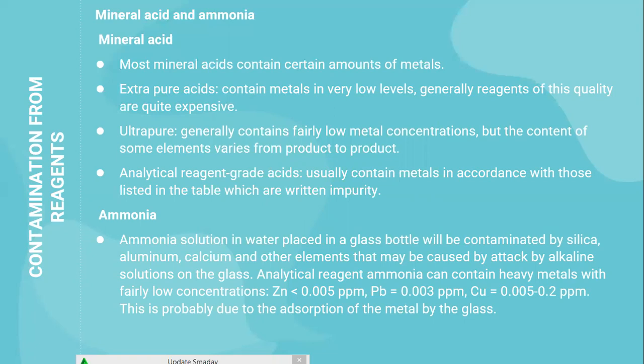Analytical reagent ammonia can contain heavy metals with fairly low concentration, for zinc is 0.00 ppm and Pb, and then Cu. This is probably due to the absorption of the metal by the glass.